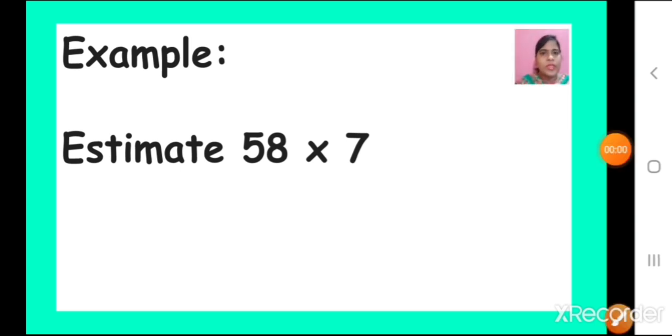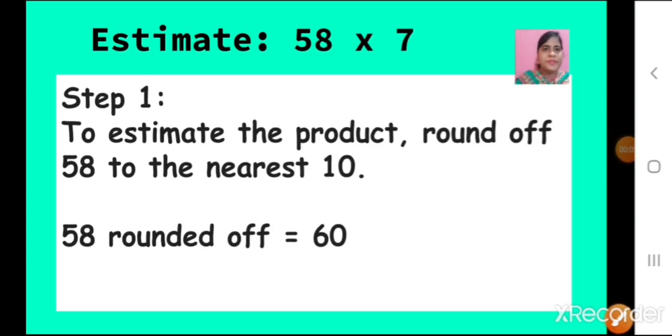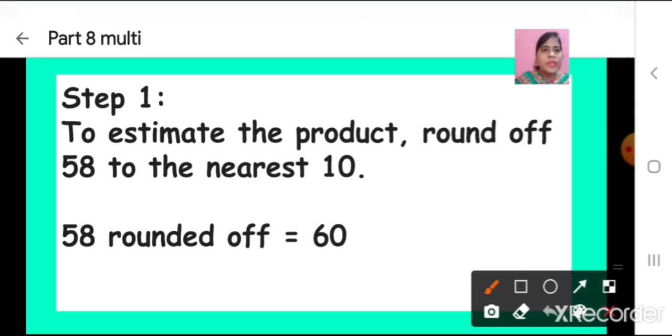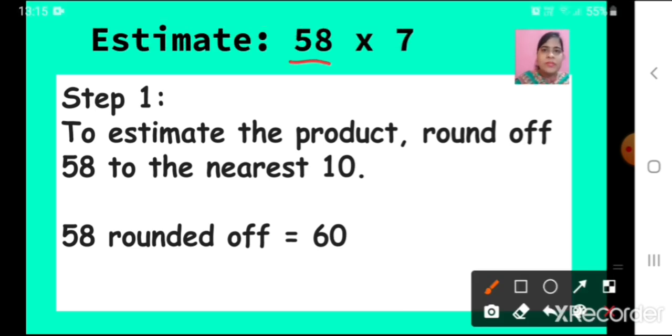So the first step is to round off the number 58 to nearest 10. Now children, 58 is our multiplicand and number 7 is our multiplier. So it is multiplication of a 2-digit number by a 1-digit number.